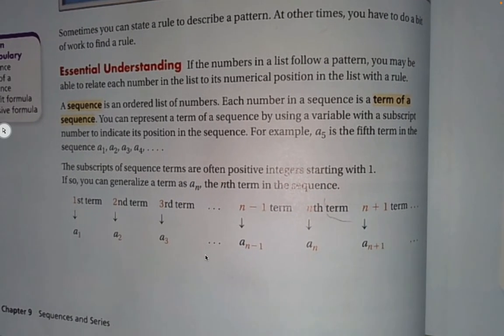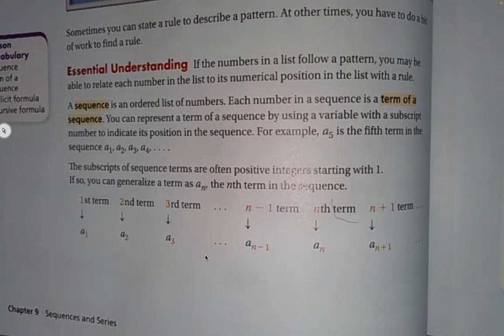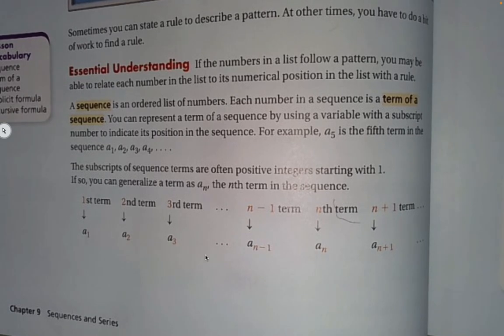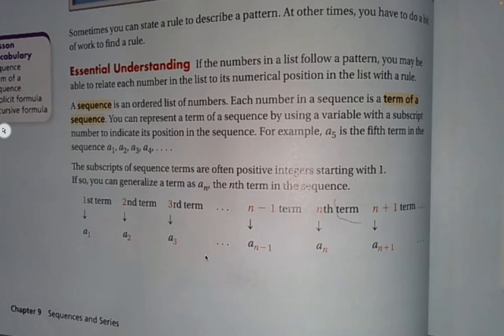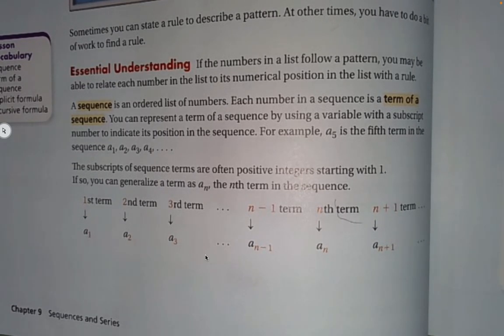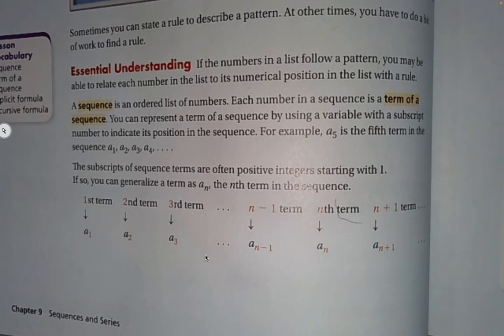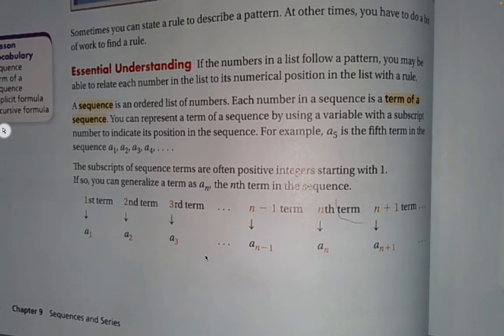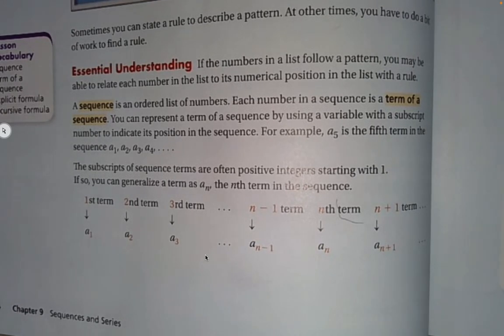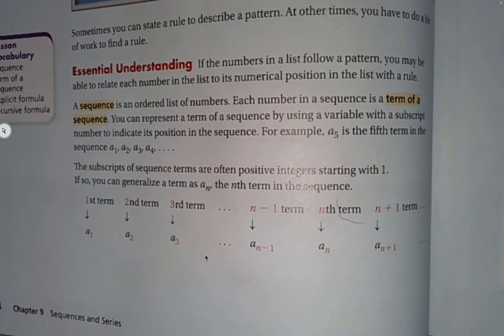A recursive formula is kind of weird because it just explains what's going on in the sequence. An explicit formula is a formula that you can create to find, say, the 100th term of something. If you have something going on, do you want to count out to 100 terms? No. So you can create a formula and plug it in and get to the end of it.